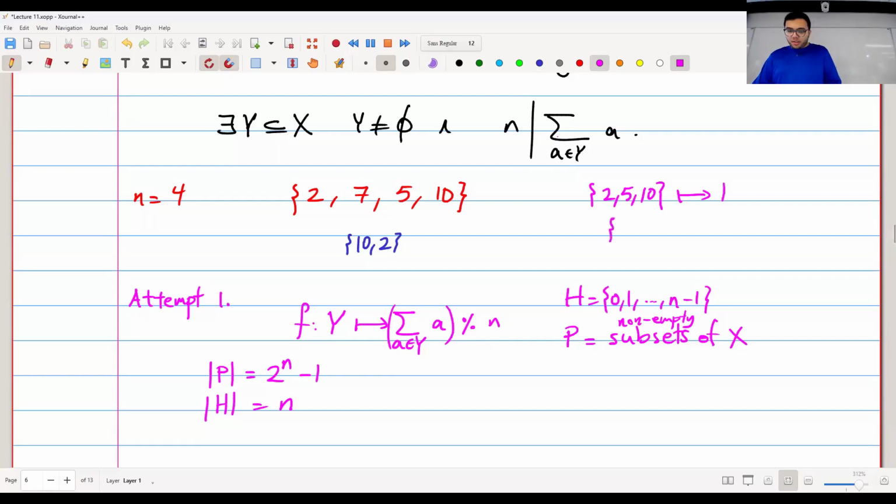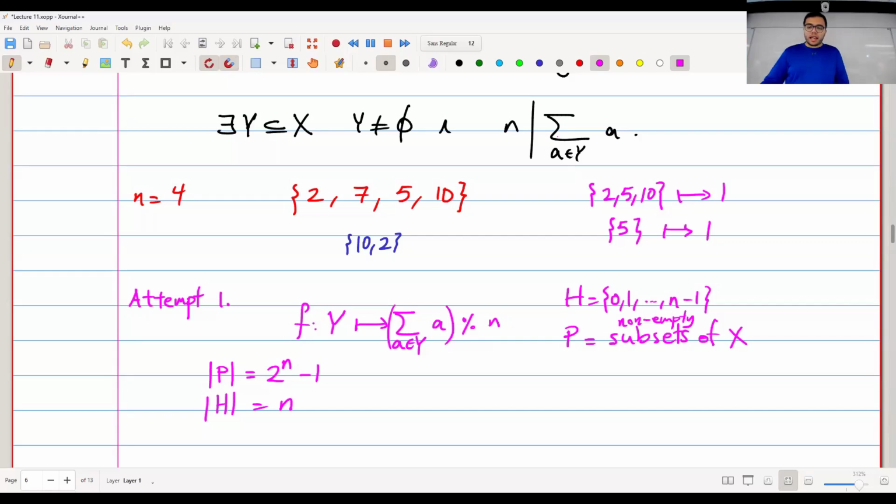If I look at 5 itself, this is also 1. The remainder is 1. So I have two sets that have the same remainder, and this is all I've got here because I'm saying the number of pigeons is more than the number of holes. But can I somehow combine these two sets to get another subset where the sum of the elements is a multiple of n? So the sum of elements is 0 modulo n.